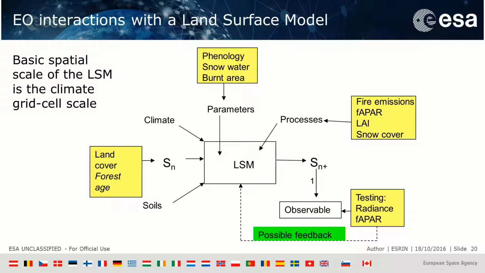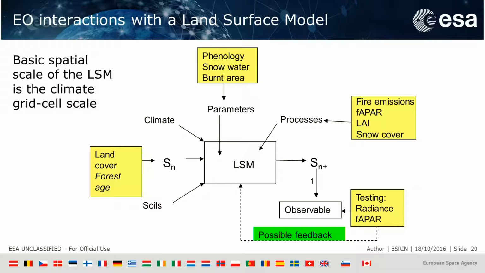Now, when you translate that into what you do with a land model, you can start putting processes or measurements on here. So, for example, for the state, you might want to put in the land cover or the forest age or biomass as your current state. If you're interested in the parameters, you might want to parameterize the parameters which describe the phenology.